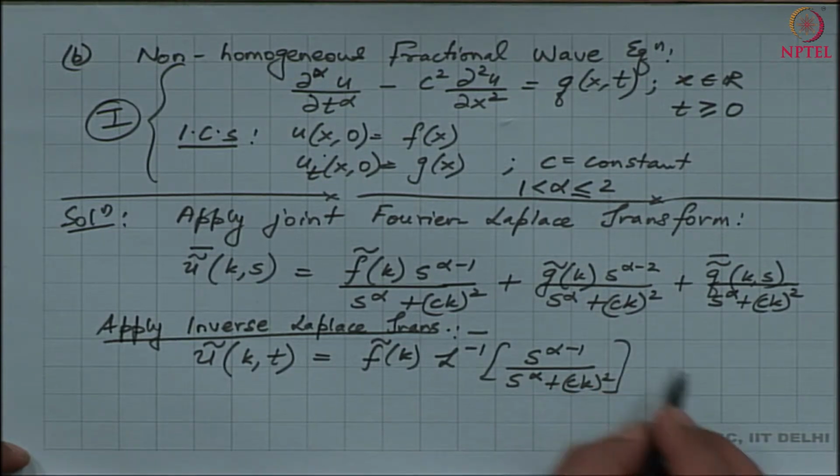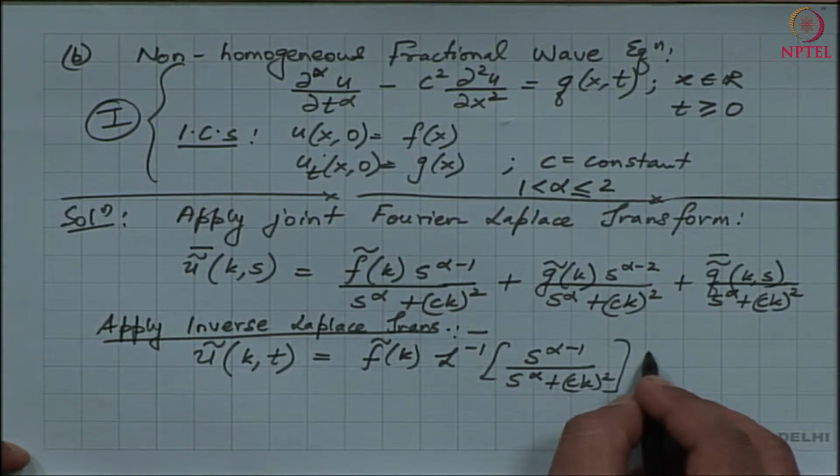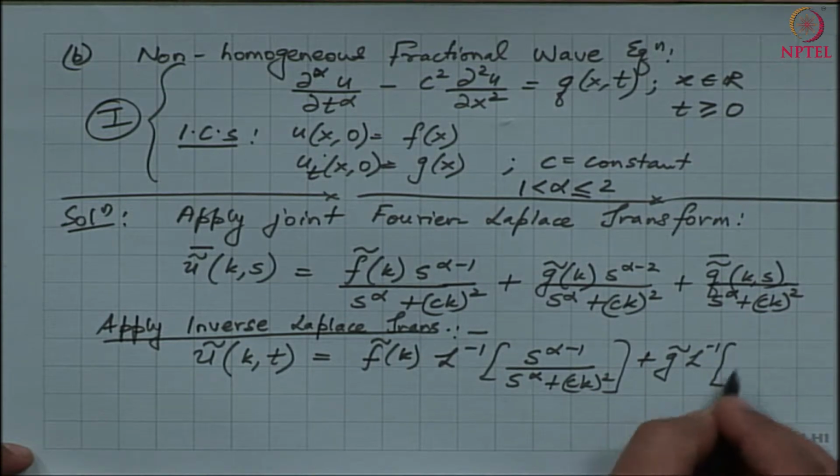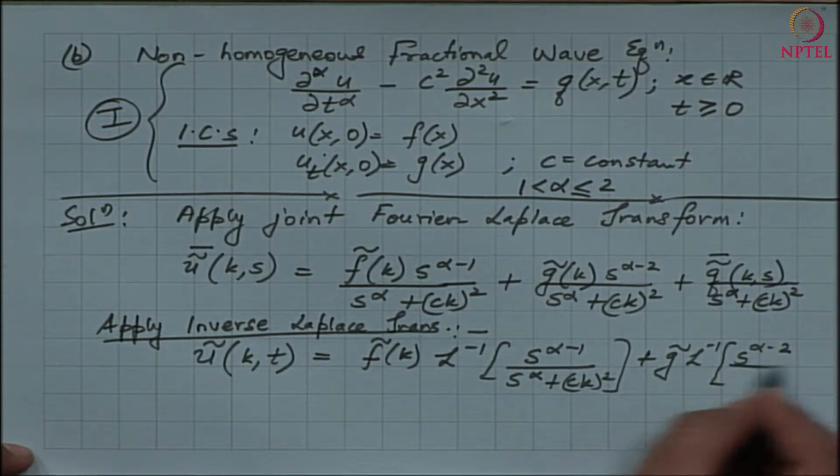Similarly, I can write down the other two expressions. I get g tilde times the inverse Laplace transform of s to the power alpha minus 2 divided by s to the power alpha plus c k squared.